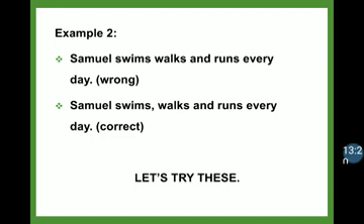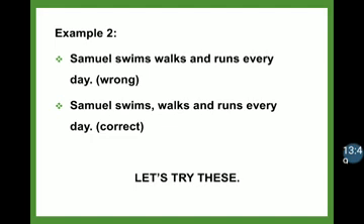I know how we can swim and I know how we can walk. So we know that it's 2 different things. So we can say Samuel swims, comma, walks. We don't need a comma because and is there, and runs every day.